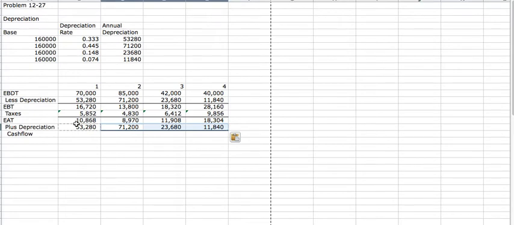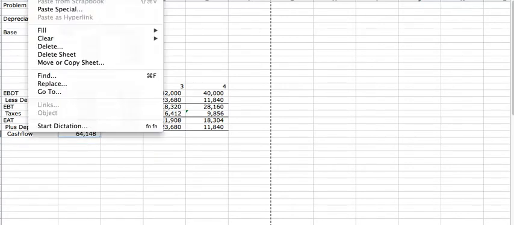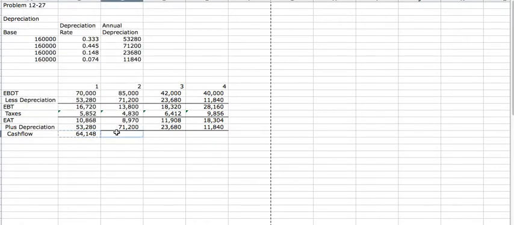So we take our earnings after taxes and add back our depreciation, and that tells us for each year that we have this investment what our cash flows are. The first year cash flow is $64,148. The second is $80,170. The third is $35,588, and the fourth is $31,444.